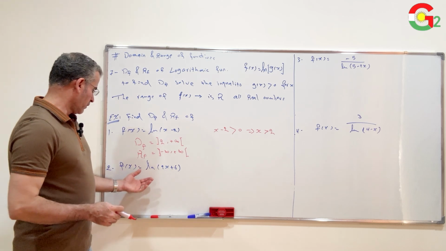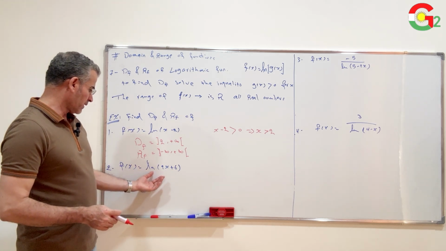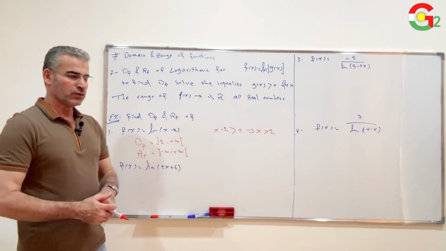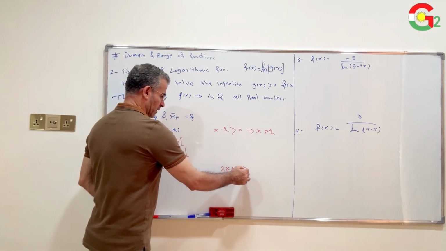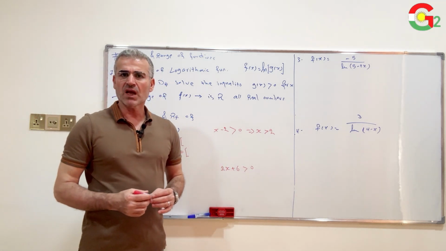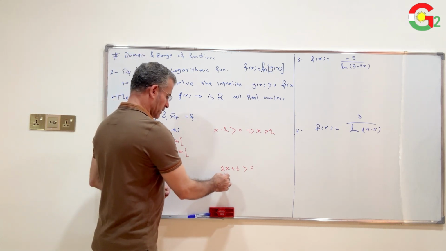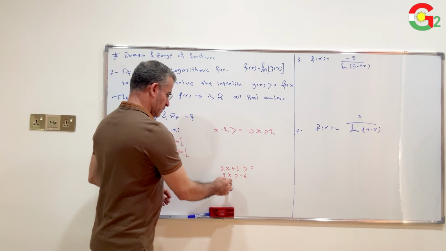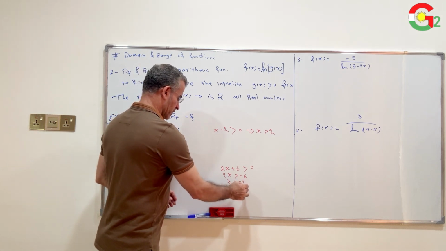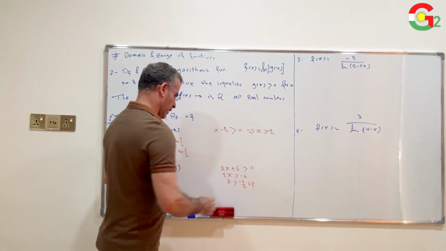Example, find domain and range of the function f of x equal ln of 2x plus 6. Set 2x plus 6 greater than 0 and solve this inequality for x. 2x greater than negative 6, x greater than negative 6 over 2 equal 3.